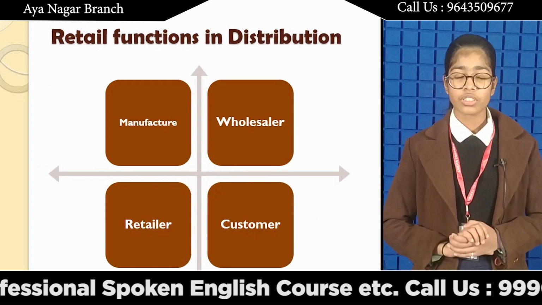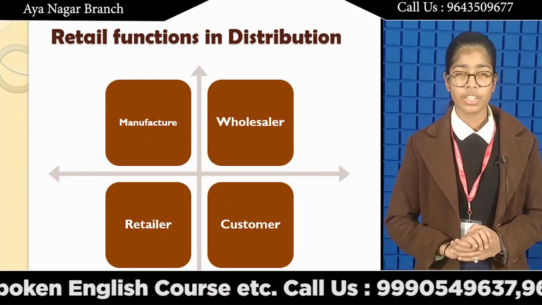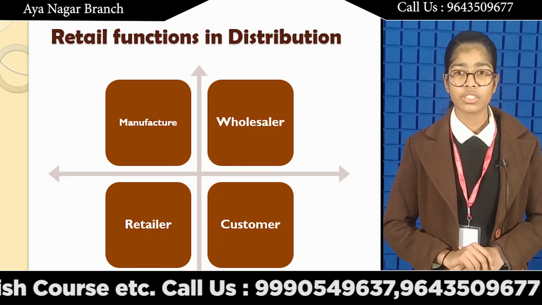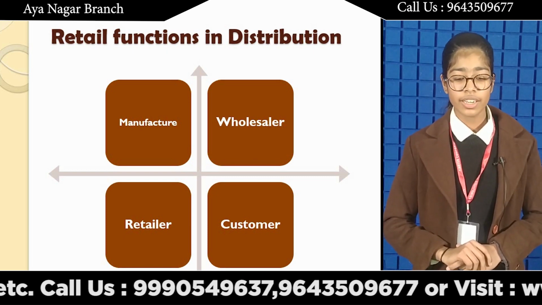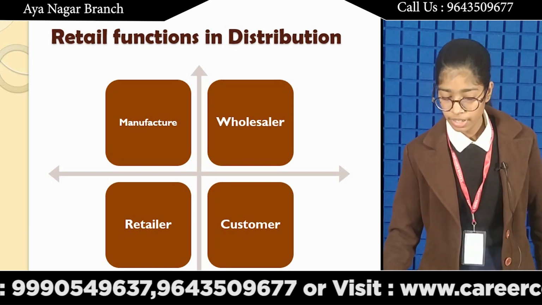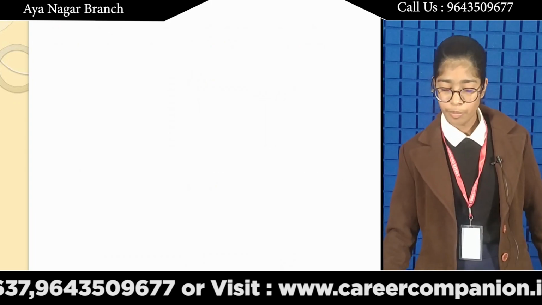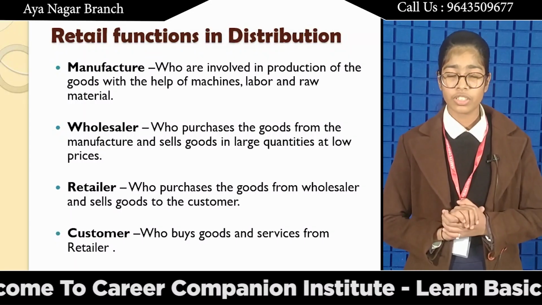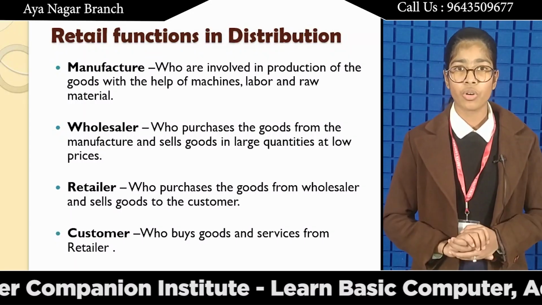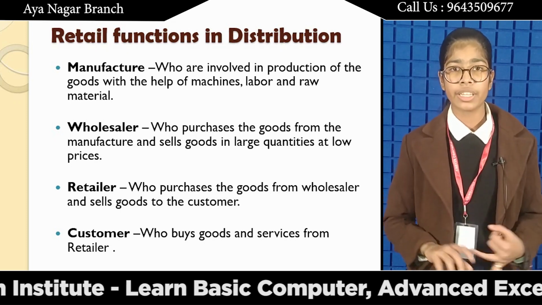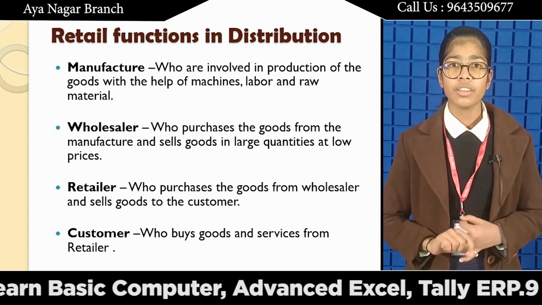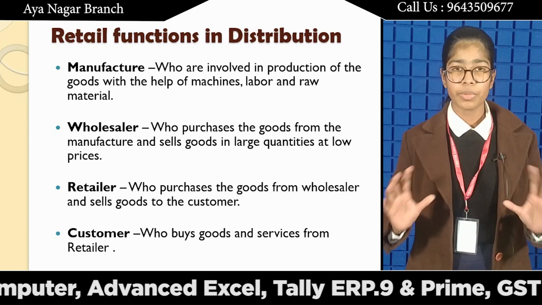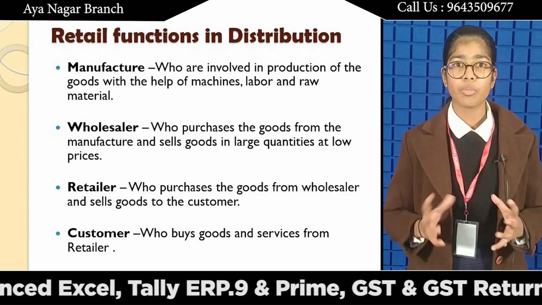Let's talk about the function of distribution in retail. There are 4 parts in distribution in retail: first is manufacturer, then wholesaler, retailer, and consumer. Let's talk about who the manufacturer is. The manufacturer is the person who makes the product with the help of raw materials, labor, and machines.